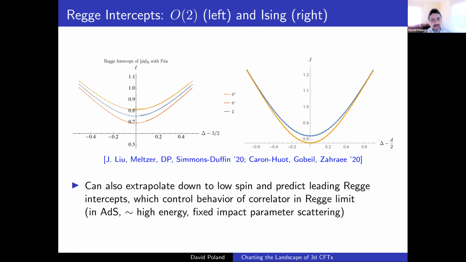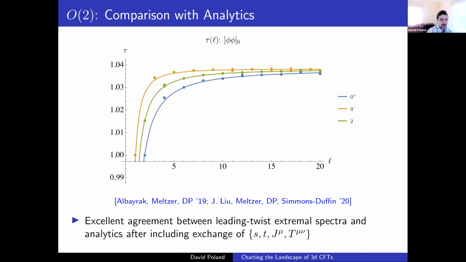Okay. Finally, let me mention that you can extrapolate these curves down to low spin and see what happens.